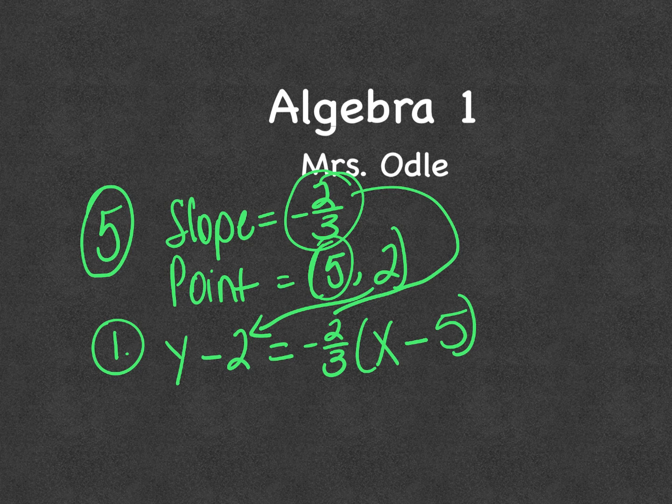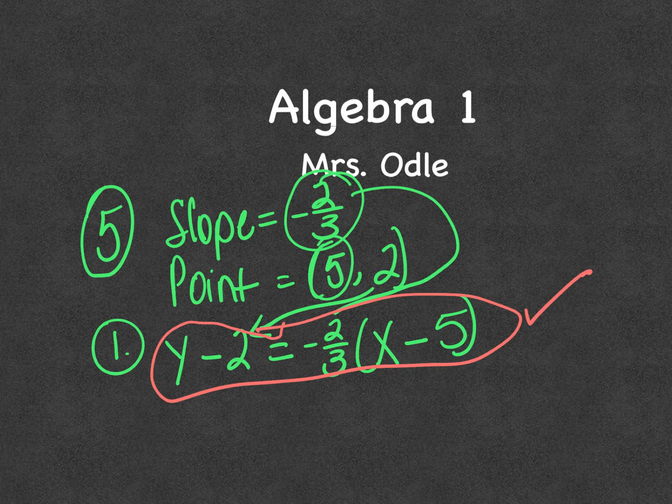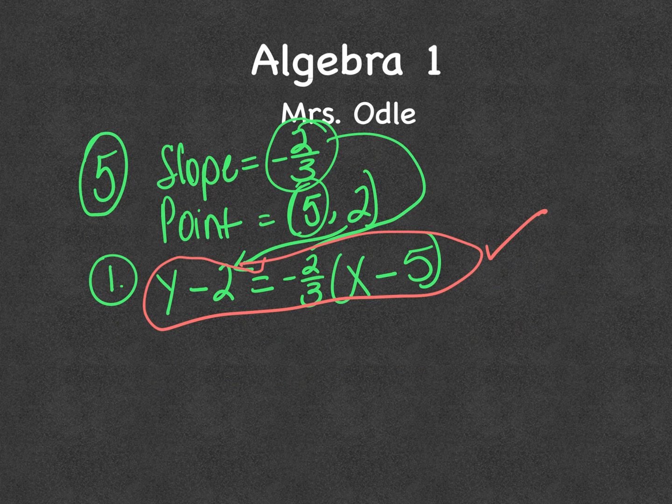Okay, now when you're writing your problem, you will have two answers. This will be 1, okay? Now, we're going to simplify, and we're going to do that by adding 2. Oh, no, I'm sorry. Back up here. We've got to use our distributive property first.